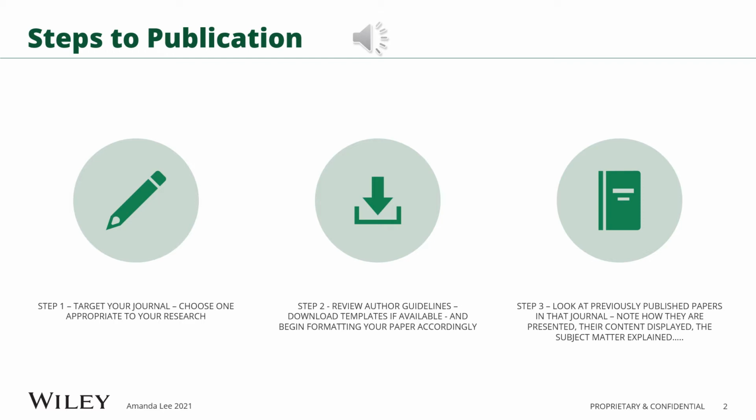Have a look to see how previous authors have presented their work, how their data is managed, how they've managed to display their content and how they've explained their subject matter. I'm not suggesting plagiarising. What I am suggesting is just get a feel for that particular journal so that you can make sure that your publication affiliates with that journal.